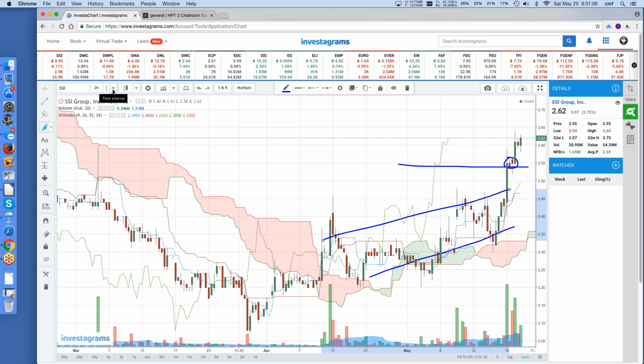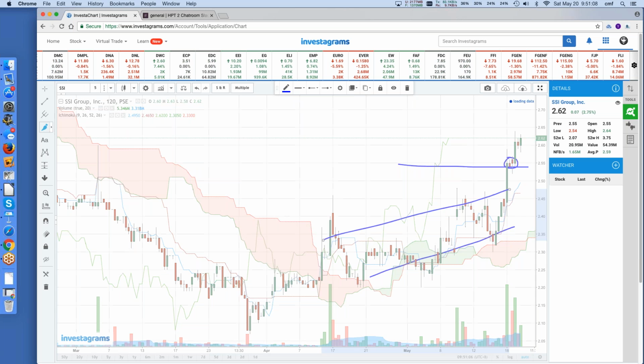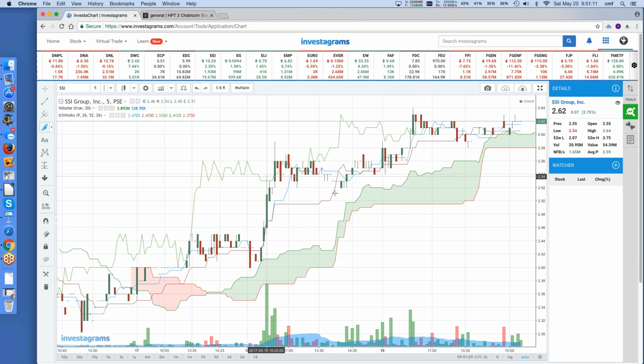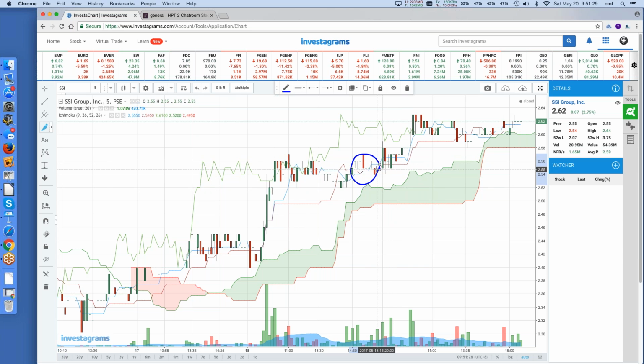So you confirm bullish, okay? You go to the 5-minute chart. So where were we on May 18 at the close? Again, the scenario is you want to enter the trade yesterday. So here is where the price closed on May 18.